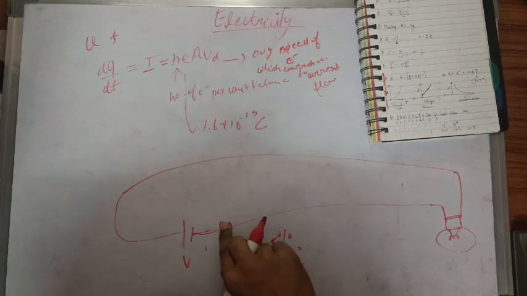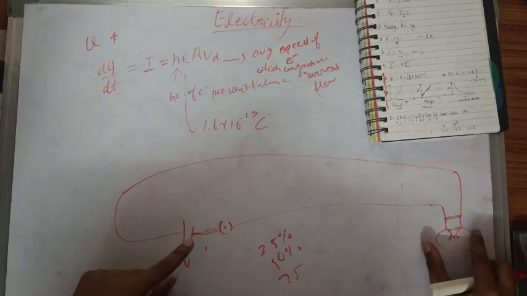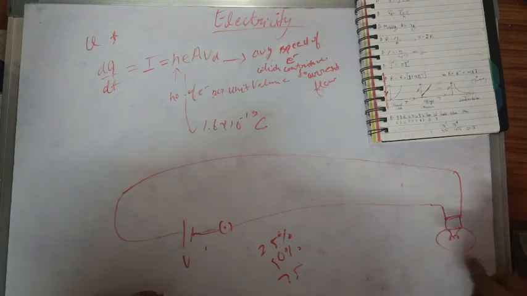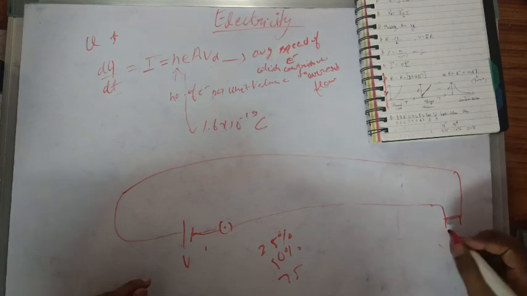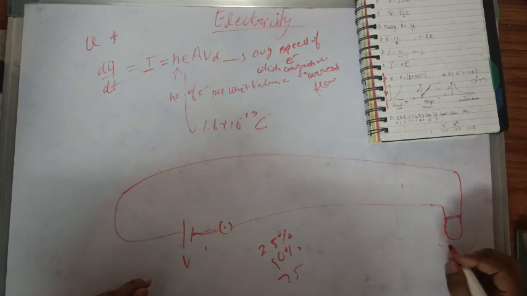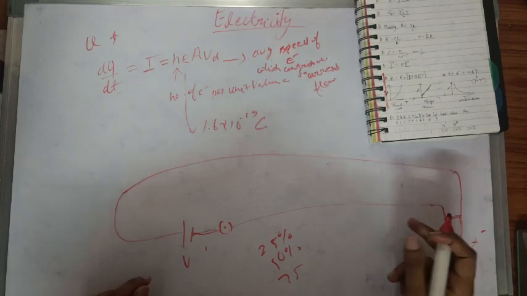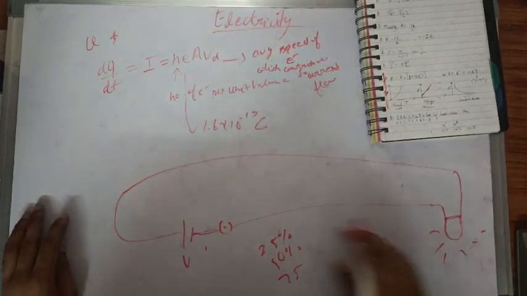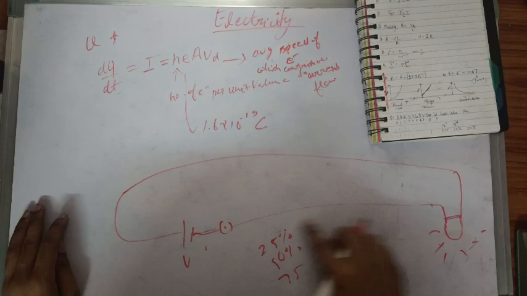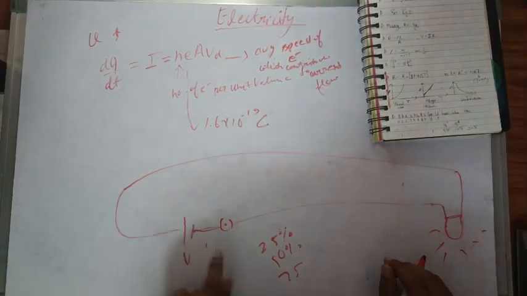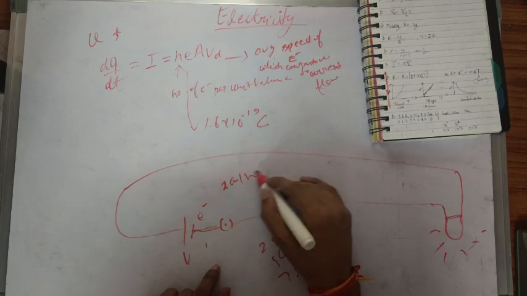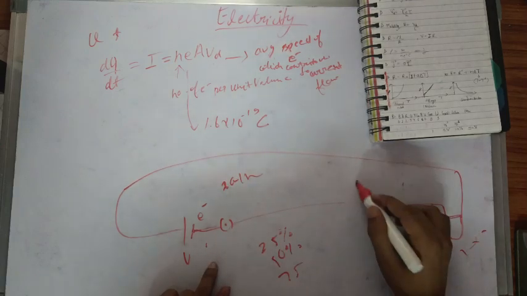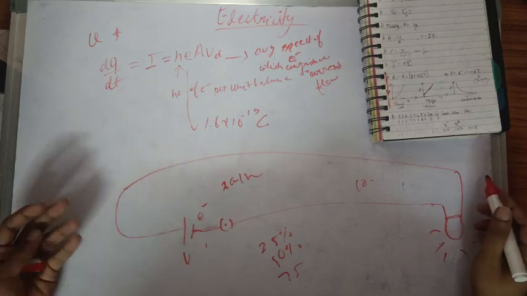If I close the switch just now, then in just a few milliseconds this bulb will start glowing. Or if this is an LED light, it will start glowing in just milliseconds, even though this length is very large and the electrons are moving at the speed of like 1 centimeter per hour, while this length is 10 meter, 20 meter, or 100 meter.